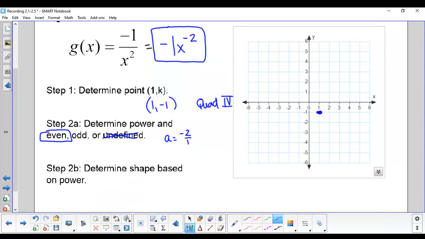Therefore, this is going to be an even graph or have even symmetry. That means that if my function exists in quadrant 4, it's also going to exist next to it in quadrant 3. I can plot that extra point now, or I can plot it later when I go to graph it.